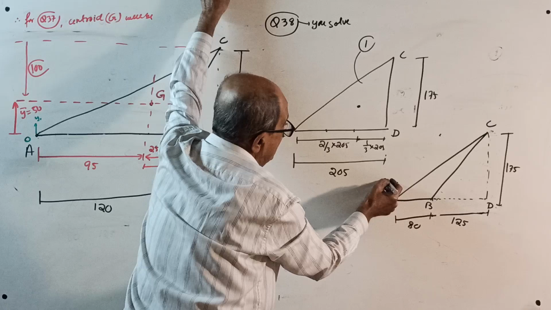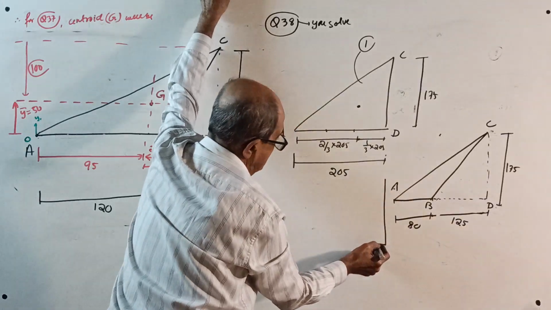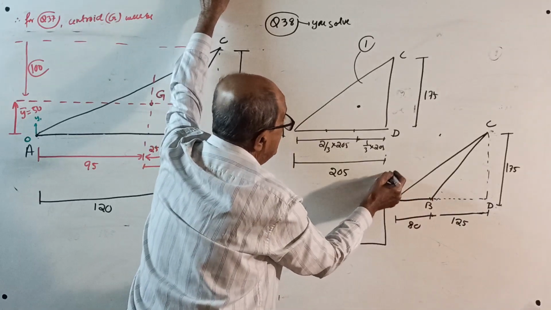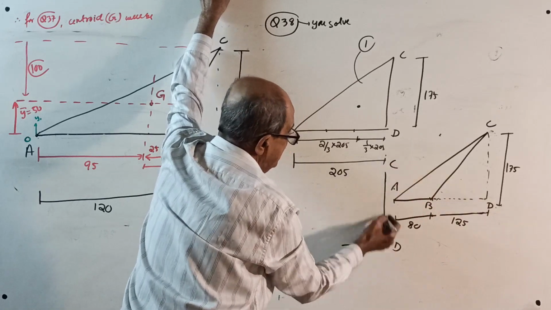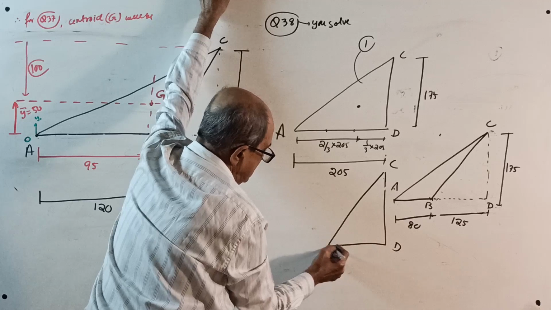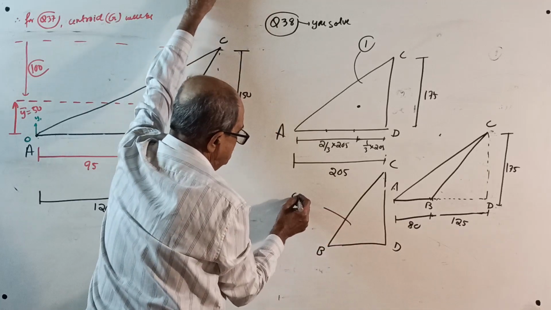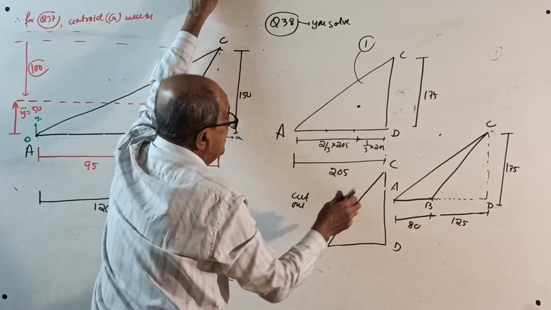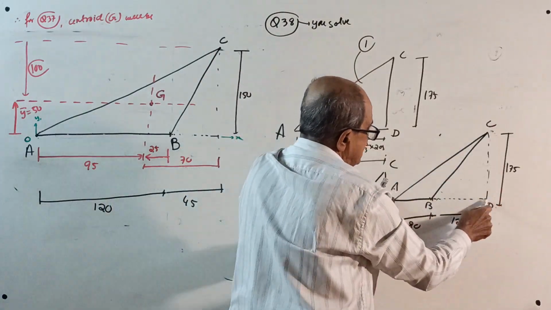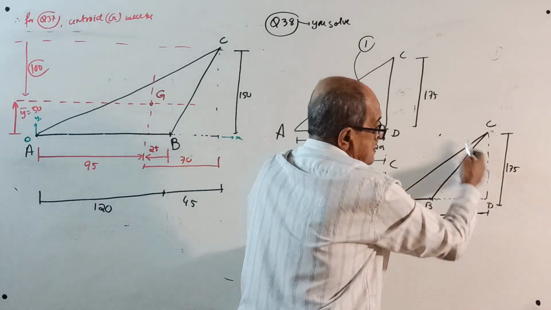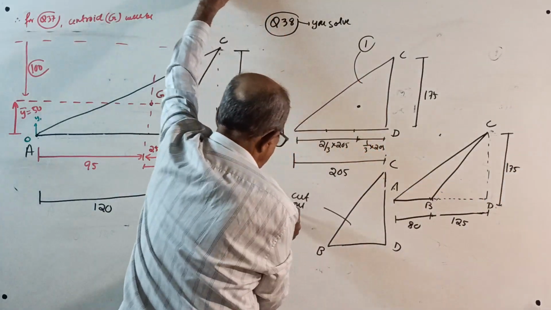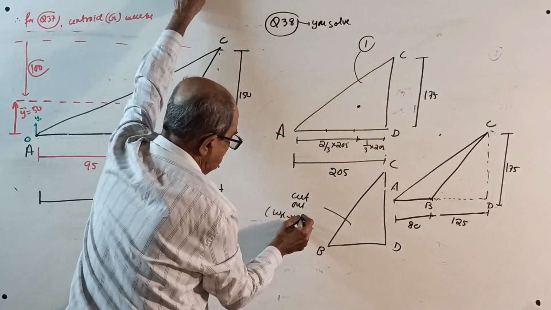Then this triangle, see, this point B, this C, D to B, this is cut out from the full triangle. So use a negative sign later.